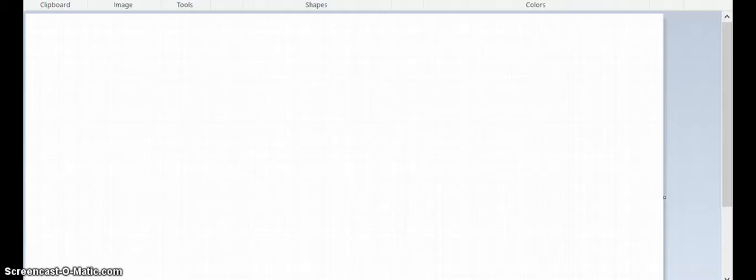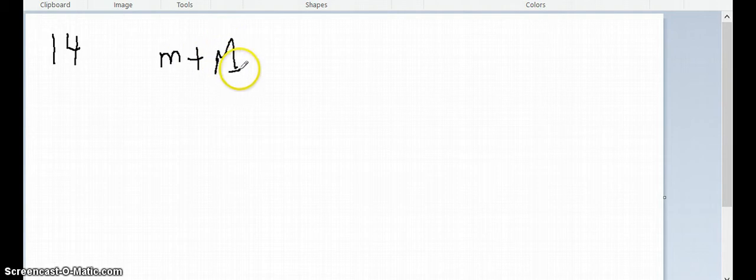All right, so like I said, number 14 is using the same equation, but in a slightly different manner. This time you're given the combined mass, that is, you're given what little m plus big M is. I think it's like 8 solar masses or something like that. They also give you what the period is.